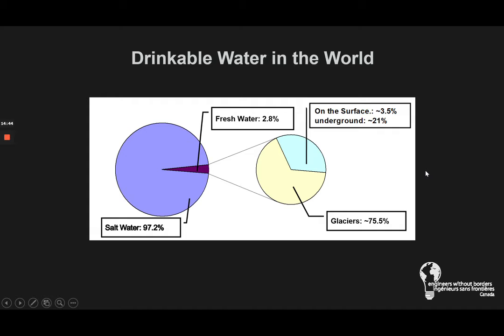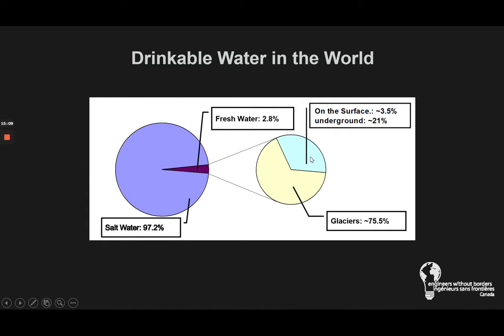One of the reasons for that is that even though our planet is largely made up of water, only about 2.8% of all the water on Earth is actually fresh water. Now, if we take this small section of the entire pie and look at what makes up our fresh water, more than 75% of our fresh water is trapped in glaciers.